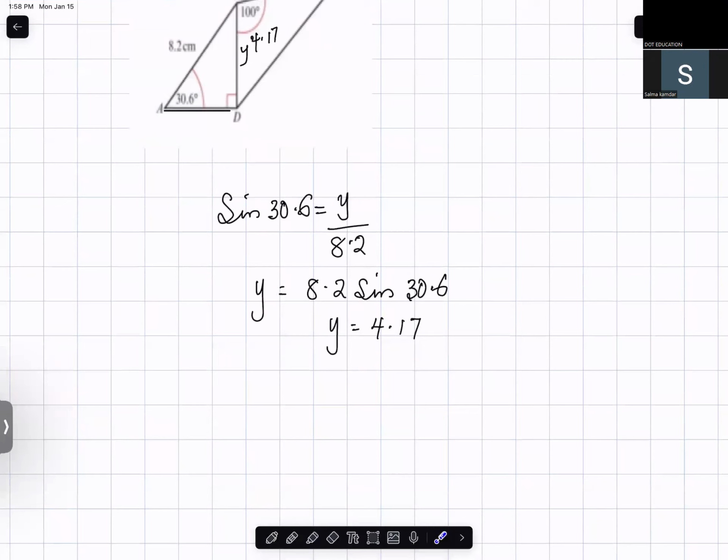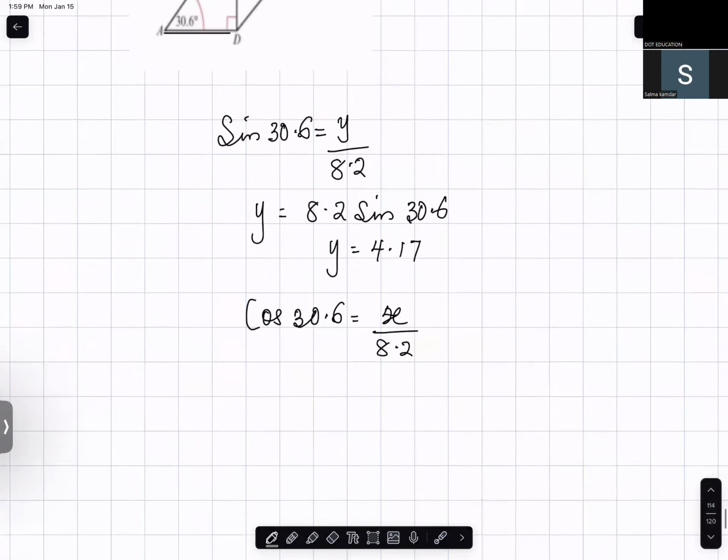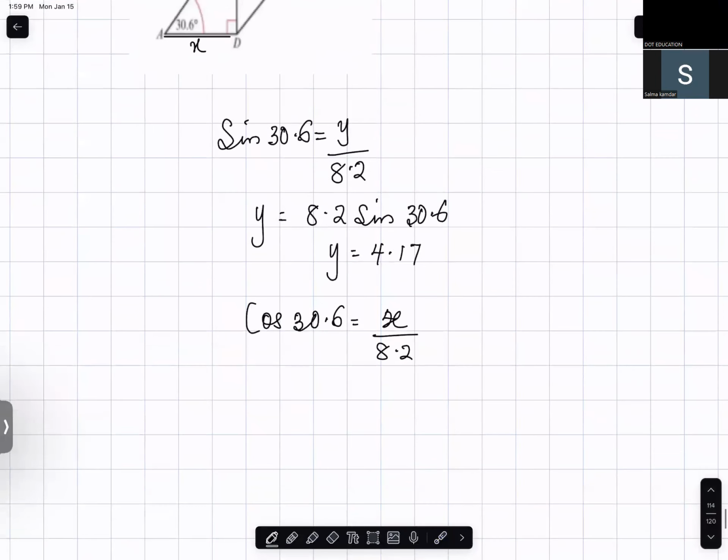So there I can have first 30.6 equals my x divided by 8.2. I'll make this x. So x is equal to 8.2 times the first 30.6.